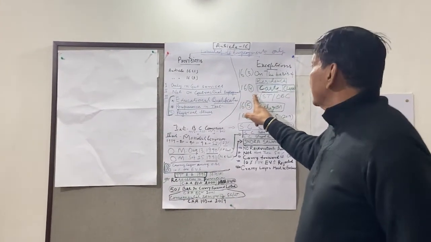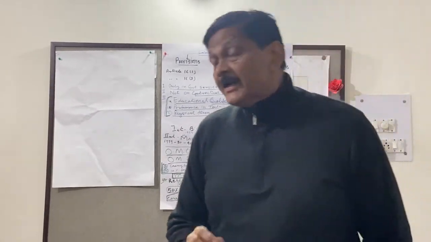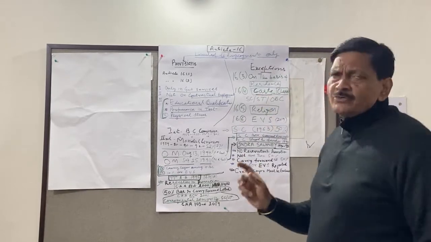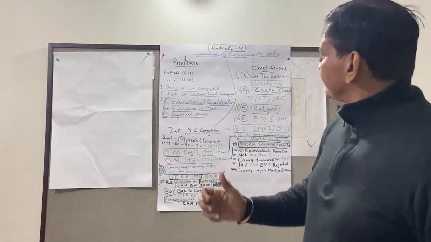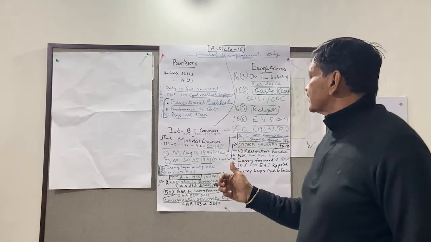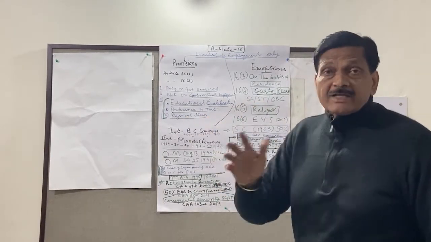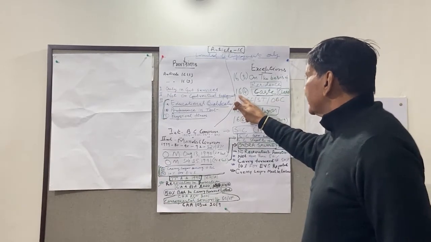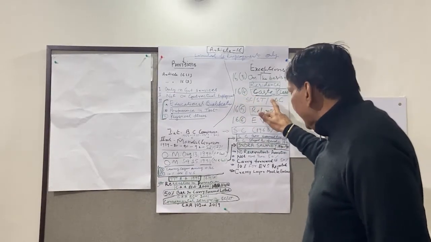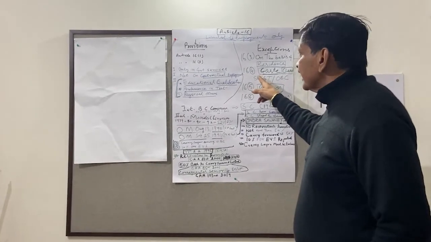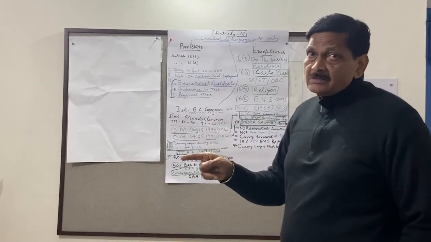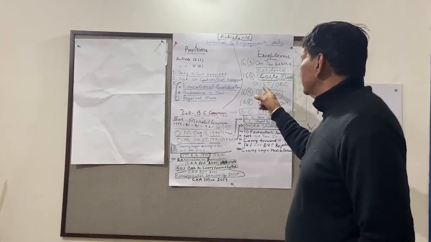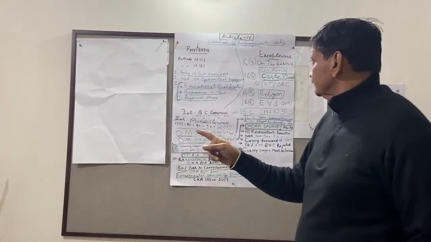16(4), this is the most crucial and important provision, because it has given rise to lots of Supreme Court cases and political exploitation to some extent also. 16(4) clearly mentions that the state can make special provision for certain classes of people like SCs, STs and OBCs.